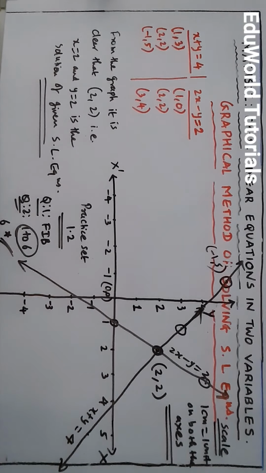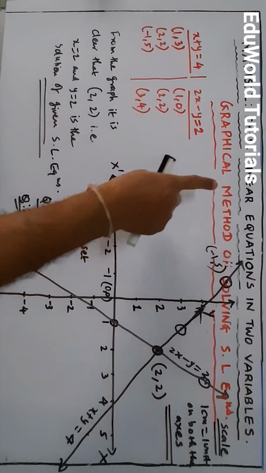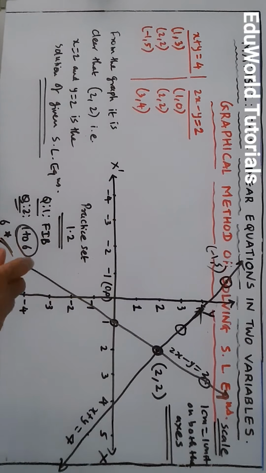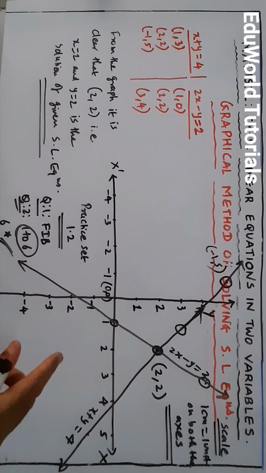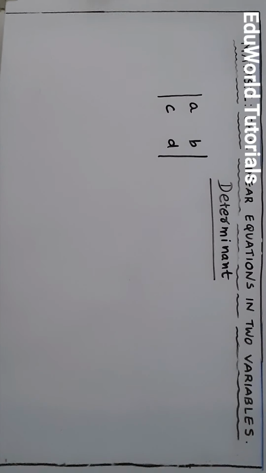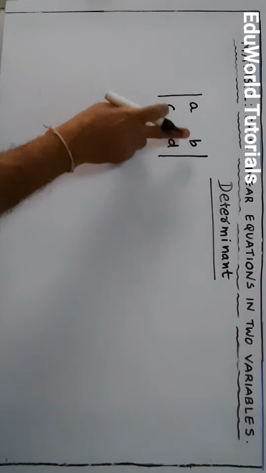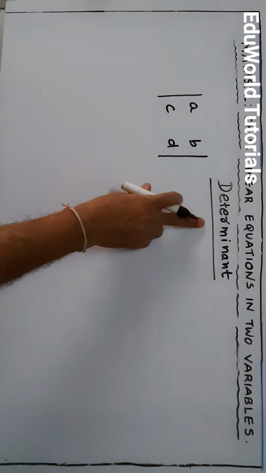Now we are moving further to solve linear equations in two variables by one more method, and that is the determinant method. So first of all, we will understand what we mean by the determinant. Here I am drawing a picture of a determinant. Students, this type of arrangement of numbers is called a determinant.